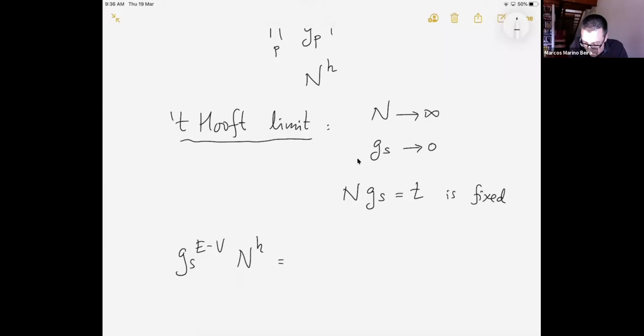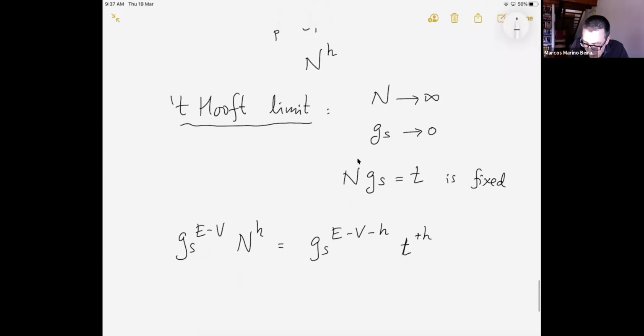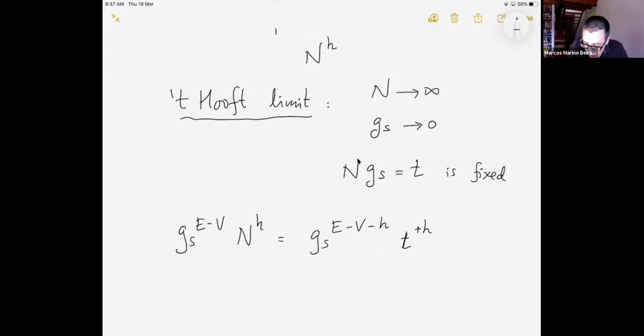So you see that if I do this, I will get gs to the e minus v minus h, and I will have t to the plus h. So when I do this, remember that now I trade n for gs, so I will get this very specific combination e minus v minus h.